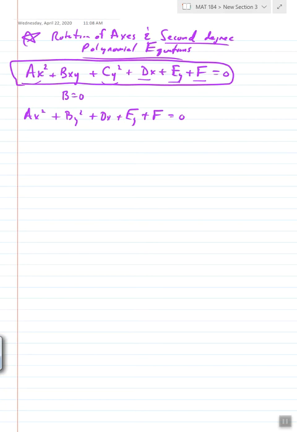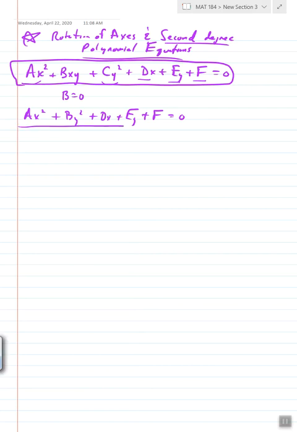And of course I know that could be a circle, that could be an ellipse. If a was positive and b was negative, that would probably be a hyperbola. If a was 0 and b was not 0, that would be some kind of parabola.